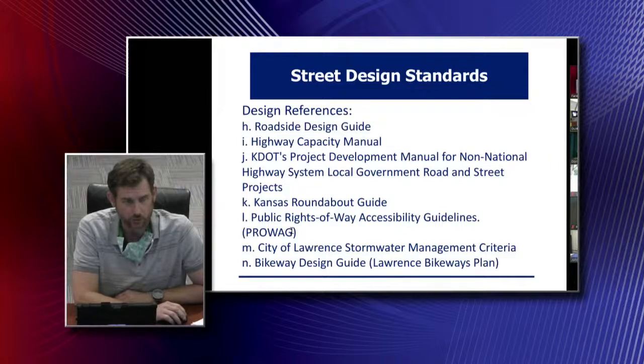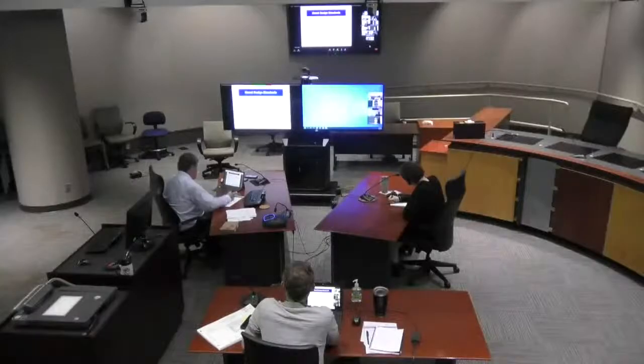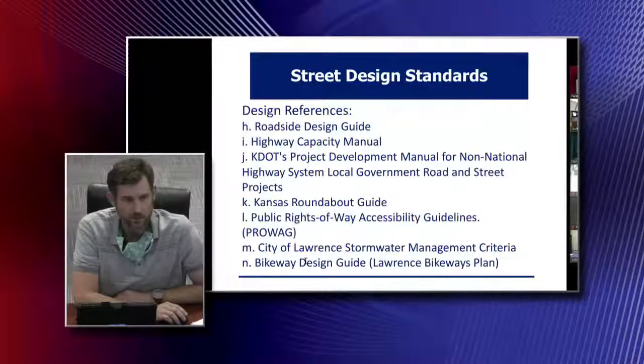ProWAG is our guidance for ADA accessibility. That's for everything in the public right-of-way, and I can talk about that a little bit in a second. We also have our stormwater management criteria, which is incorporated into street design, and recently have adopted this bikeway design guide, which is a part of our recently updated bikeway plan.